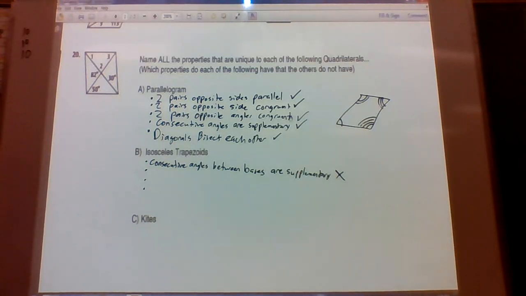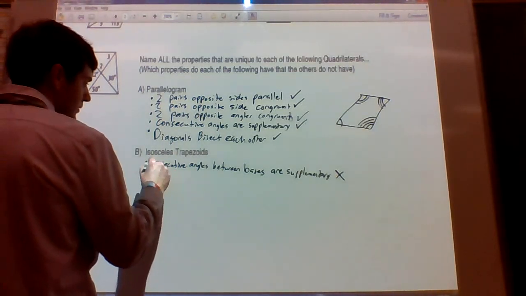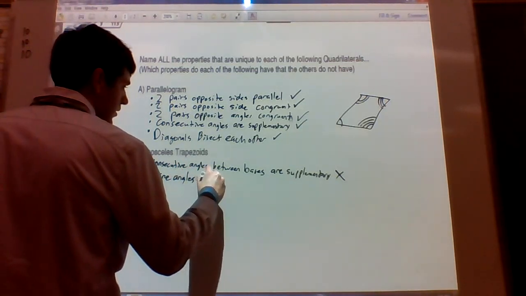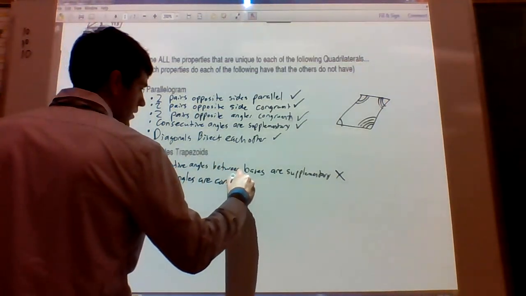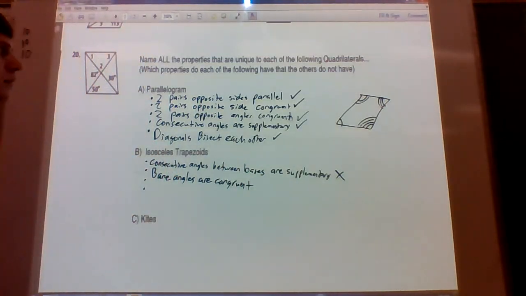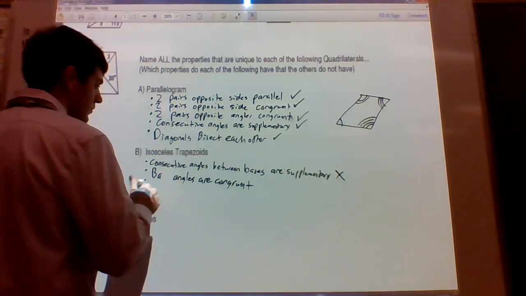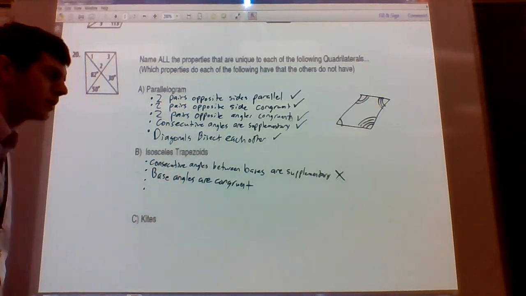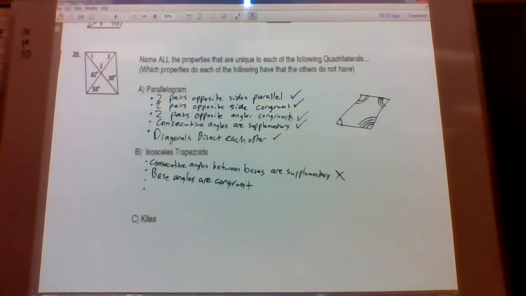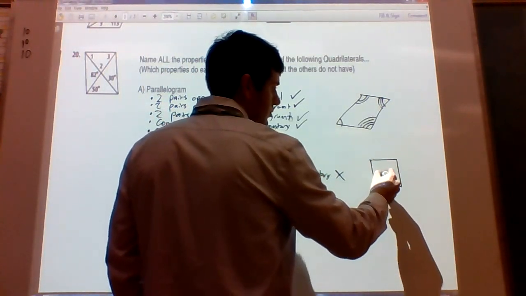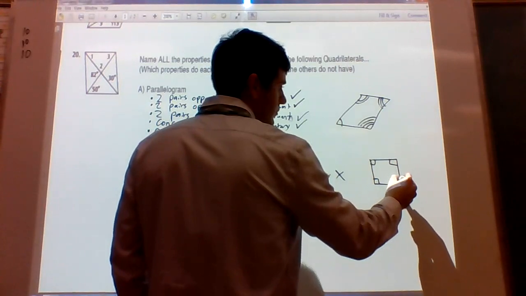We also have that base angles are congruent. Again, not totally true for an isosceles trapezoid, because we know squares have base angles that are going to be congruent, though we don't really call them base angles, so I'm not really sure what the interpretation is here.